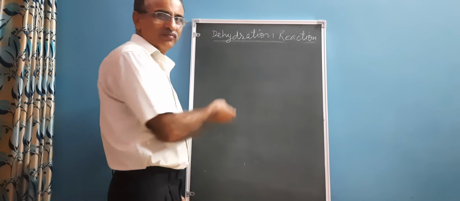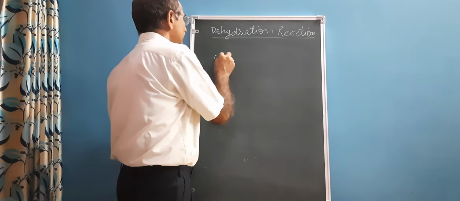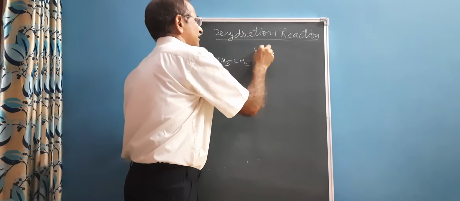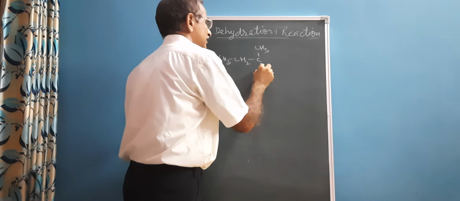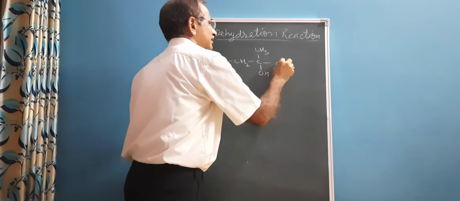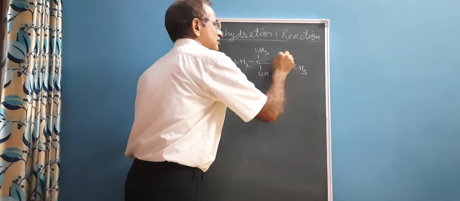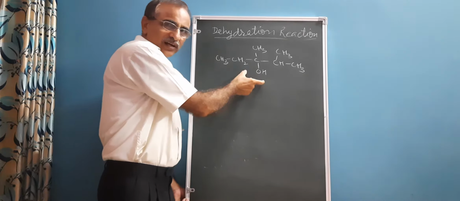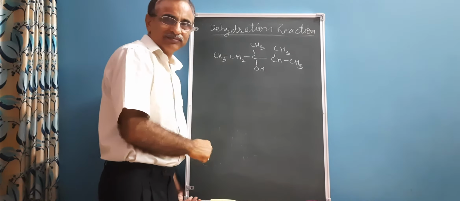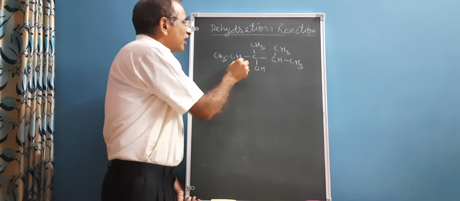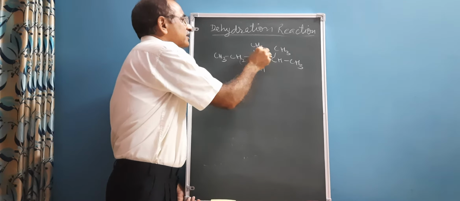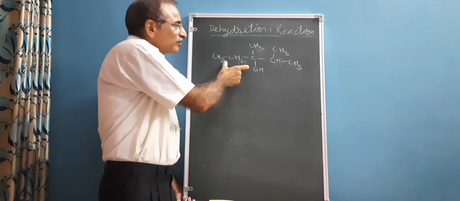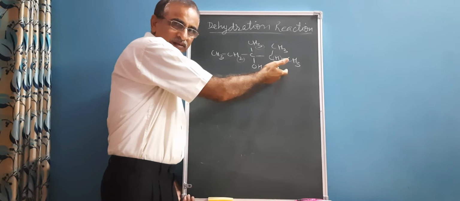Now we are taking some other example. For example, we are having here CH3, then here OH, then CH. In this case, when we are carrying out dehydration reaction, hydrogen will be removed either from this carbon or this carbon. From which carbon will hydrogen be removed?